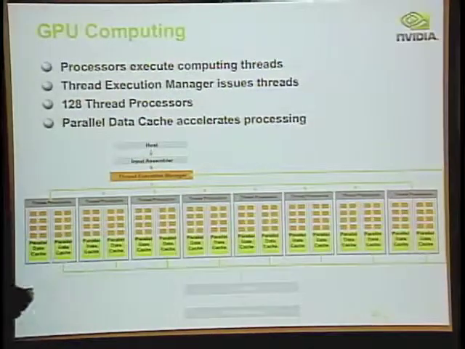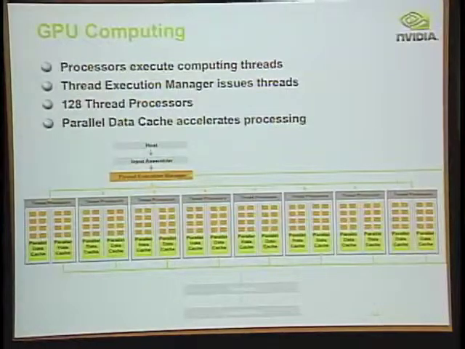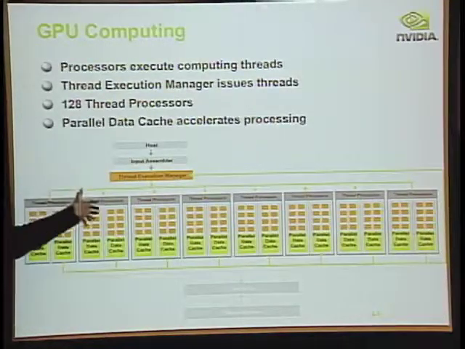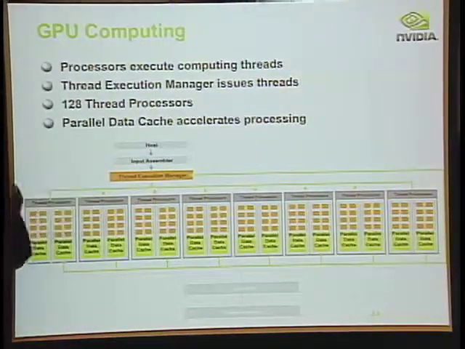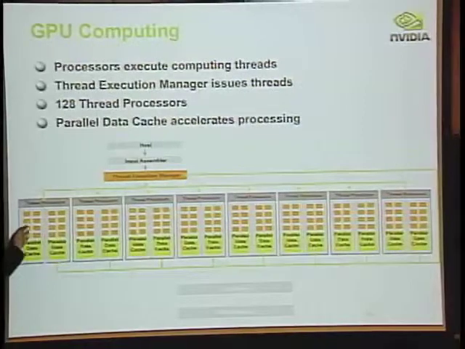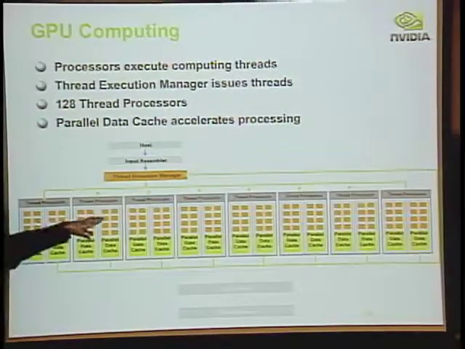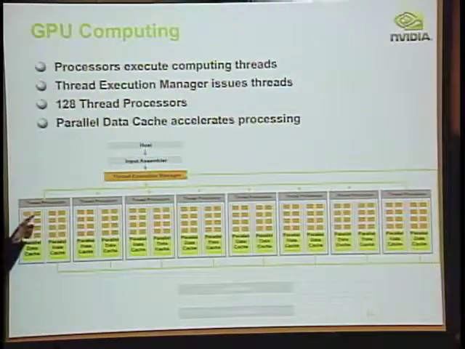So here we have a picture of 1, 2, 3, 4. I think there's 16 multiprocessors here. So you got this enormous amount of computation out there. It's divided into blocks of threads. Say we got 100 threads per block. And then this guy decides which blocks go to which multiprocessors. Now, within each multiprocessor, there's parallelism. There's a number of ALUs.